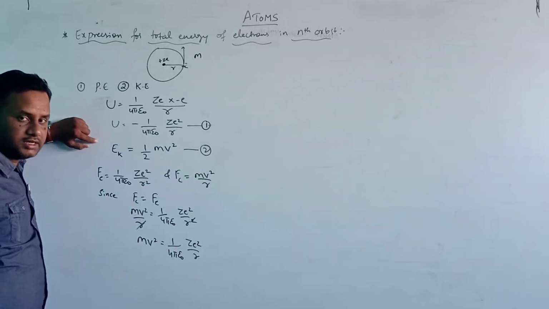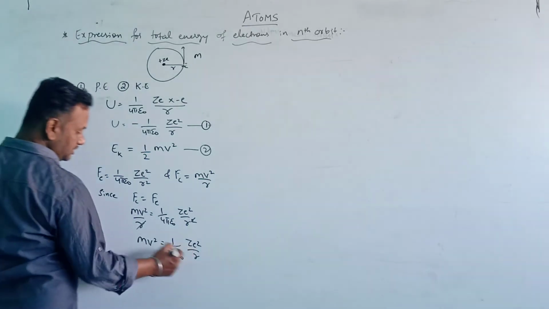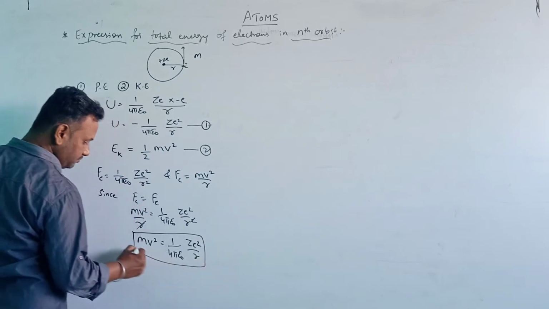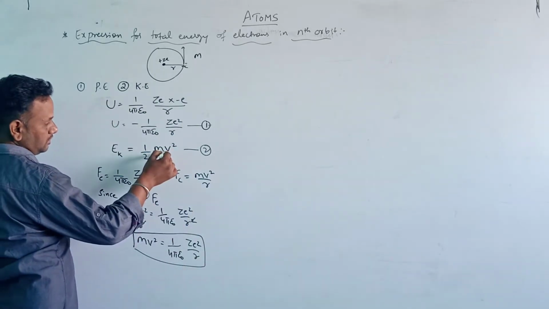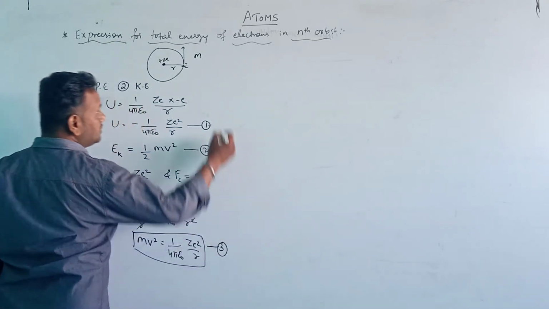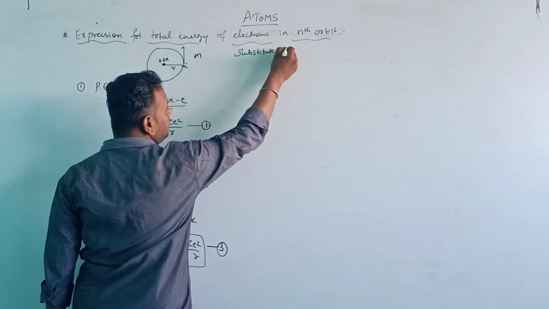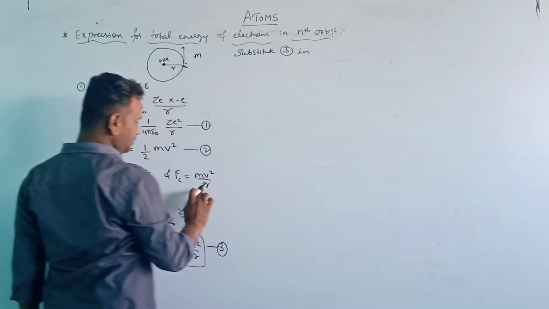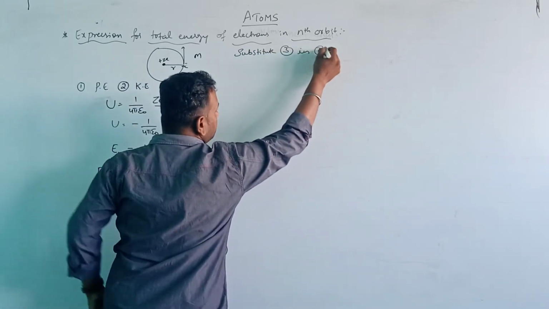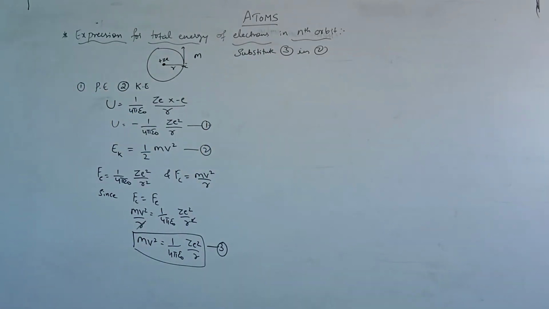As we know that the kinetic energy is given by half mv square, let us substitute this value of mv square from equation 2.